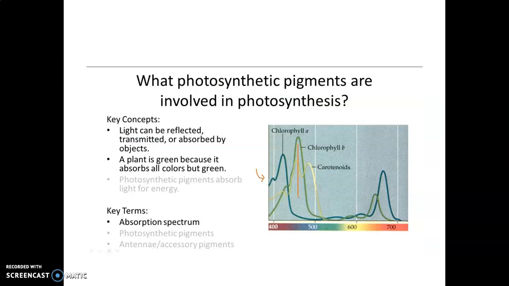This graph and explanation is there. We know that light can be reflected, transmitted or absorbed by objects. A plant is green because it absorbs all colors but green. Photosynthetic pigments absorb light for energy.